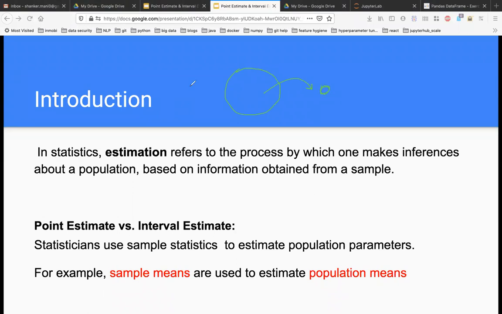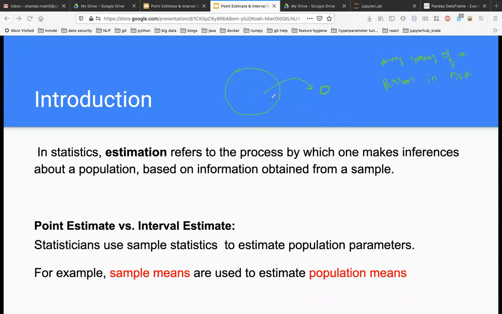What we want to answer is the average salary of a person in Bangalore. For that, typically I have to go and ask all the people in Bangalore, collect their salaries, sum them, divide by the total number, and then I'll get the average salary.